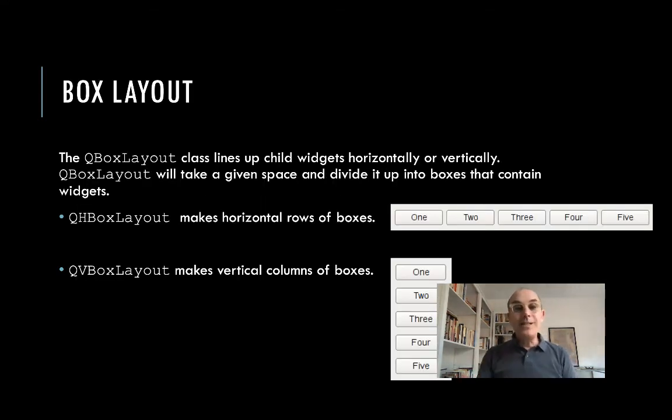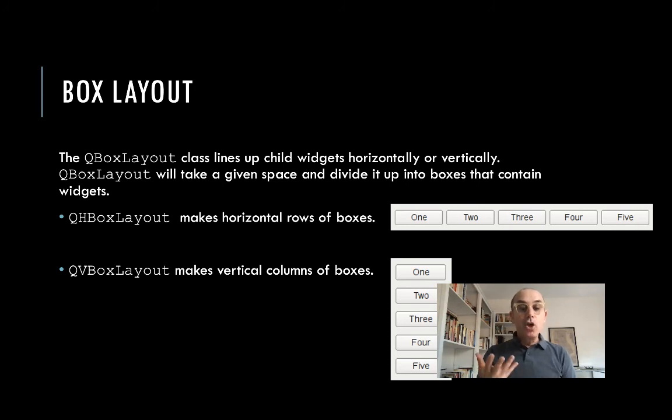So box layout. The QBoxLayout is a class which gives child widgets a horizontal or vertical layout. It will give you space and divide it up into boxes that contain the widgets.